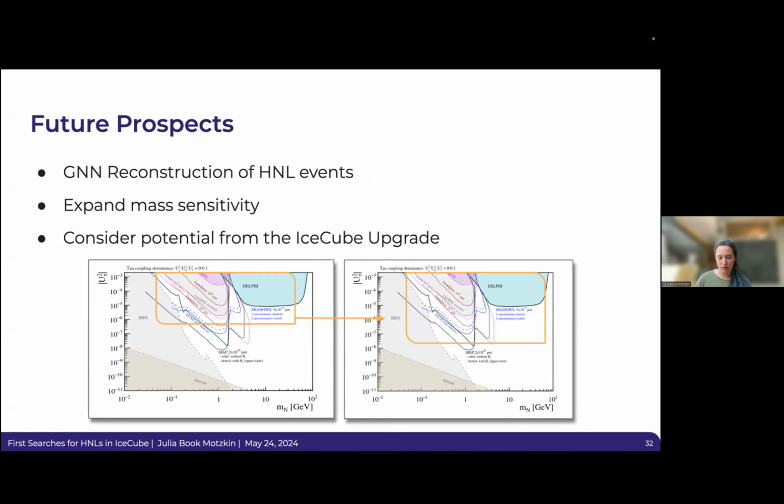That's because the next steps in this analysis, and you'll be able to see the current steps in a publication which is currently in preparation, involve a GNN reconstruction of these actual HNL events. By leveraging the neural network, rather than using pre-existing IceCube reconstruction tools, we're going to be able to distinguish the double cascade events themselves.